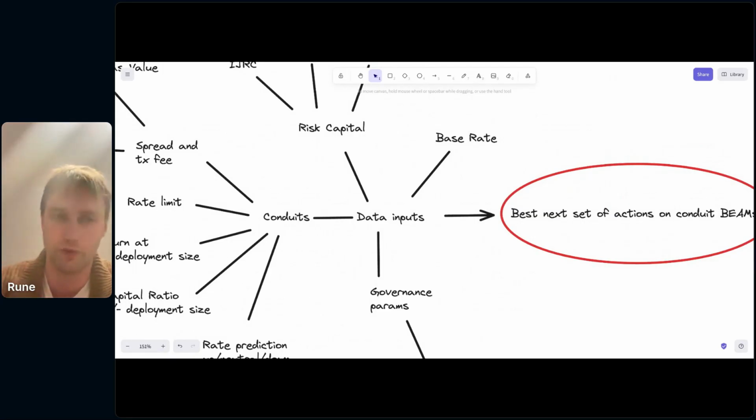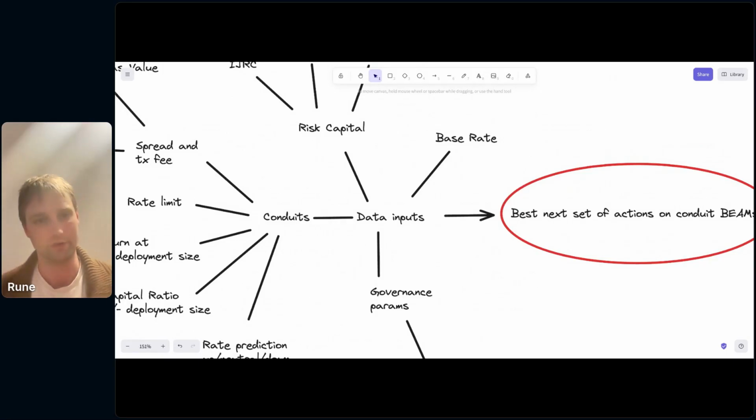And then one thing that's really important to mention is also treasuries. Not only can you use the allocation system and the conduits to deploy into on-chain DeFi opportunities, but you also can use them to deploy into tokenized RWA, so also TradFi opportunities.